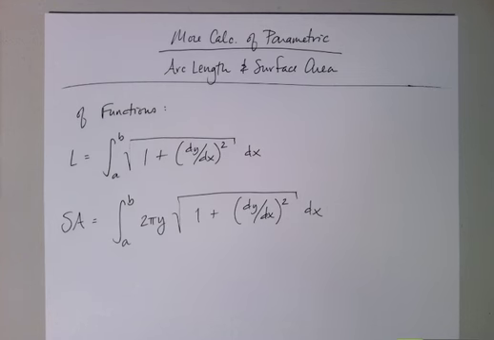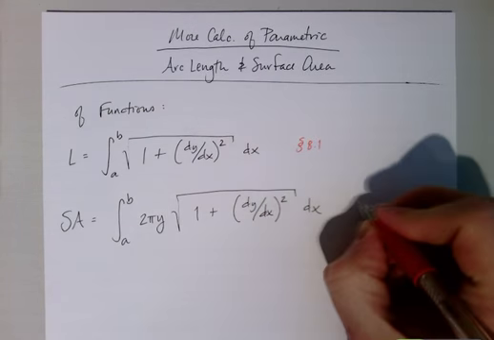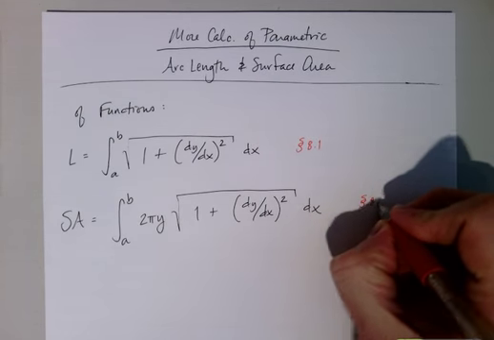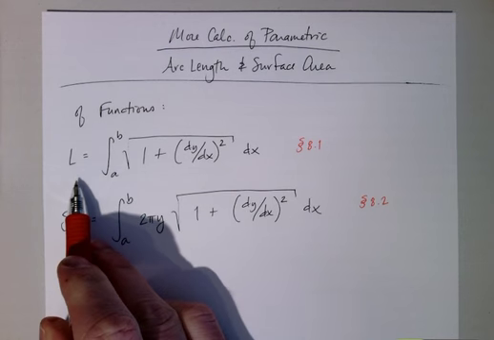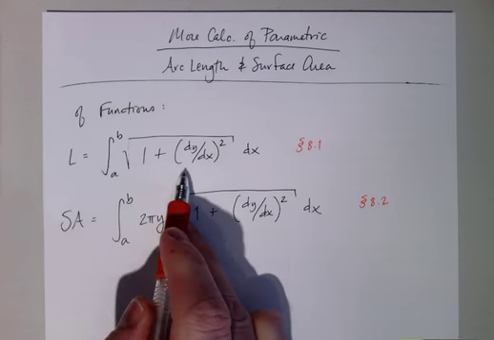Now remember when we were dealing with arc length and surface area with respect to functions. This was section 8.1 in your book, and this was section 8.2. I even constructed the whole thing for arc length.